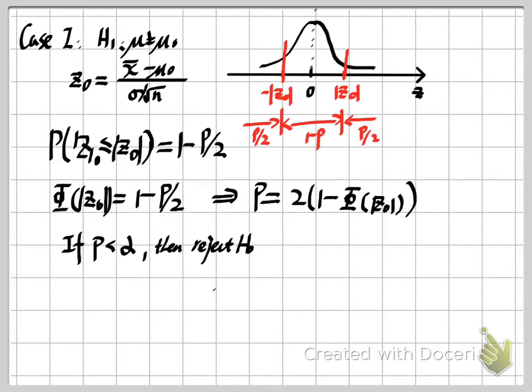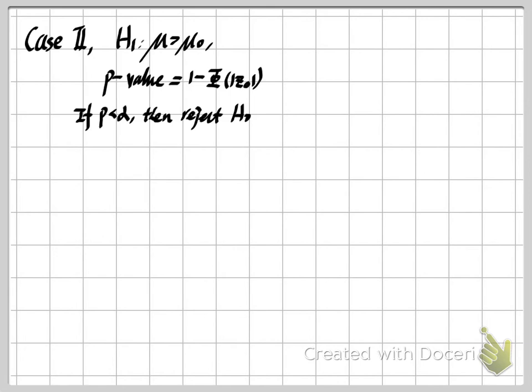For the one-side test, we similarly compute the p-value and then draw the conclusion. When the alternative hypothesis is mu greater than mu0, then based on a similar idea, our p-value is equal to 1 minus the CDF of the standard normal random variable at the absolute value of z0.